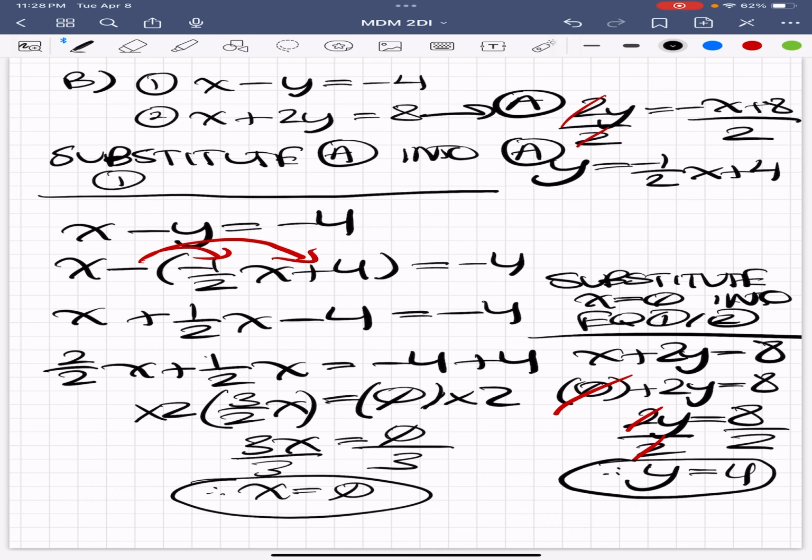So y equals 4. Yeah, and then we will do: point of intersection is (0, 4).